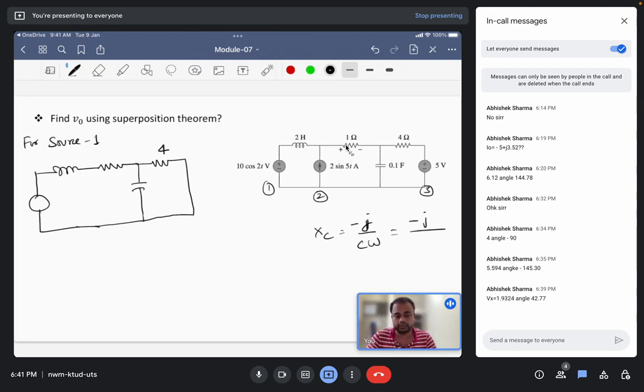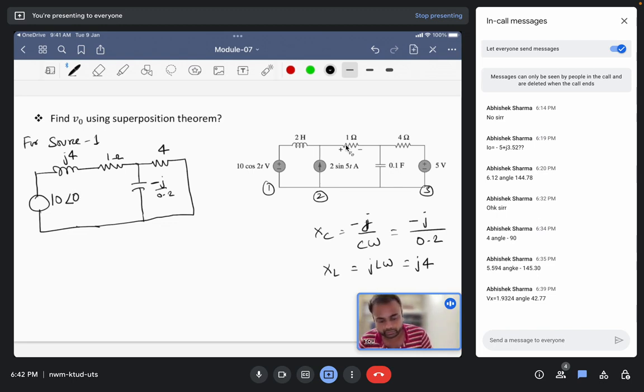Since we are considering source 1, which has a frequency of 2 radians per second, this will be 0.2. So minus j by 0.2, and the resistance is 1 ohm, and XL will be jL omega, that is j into 2 into 2, so j4. And the source here is 10 angle 0 degrees. So 10 angle 0 is the phasor for 10 cos 2t.